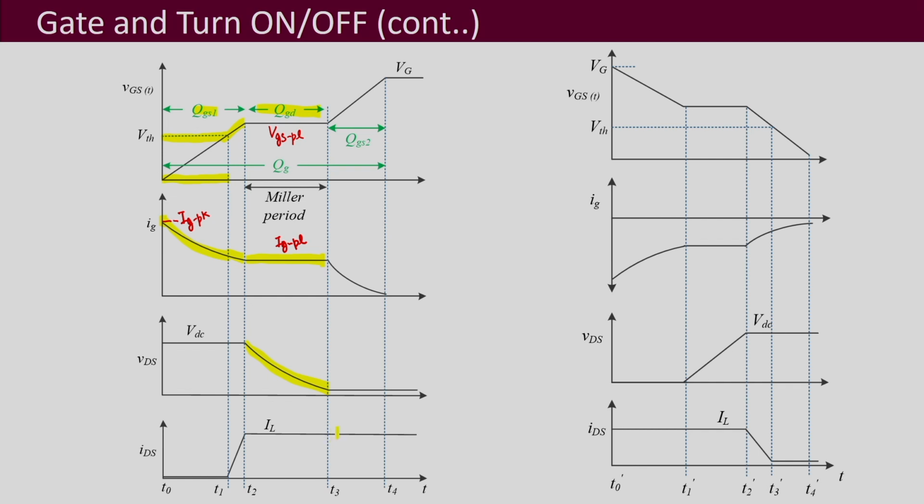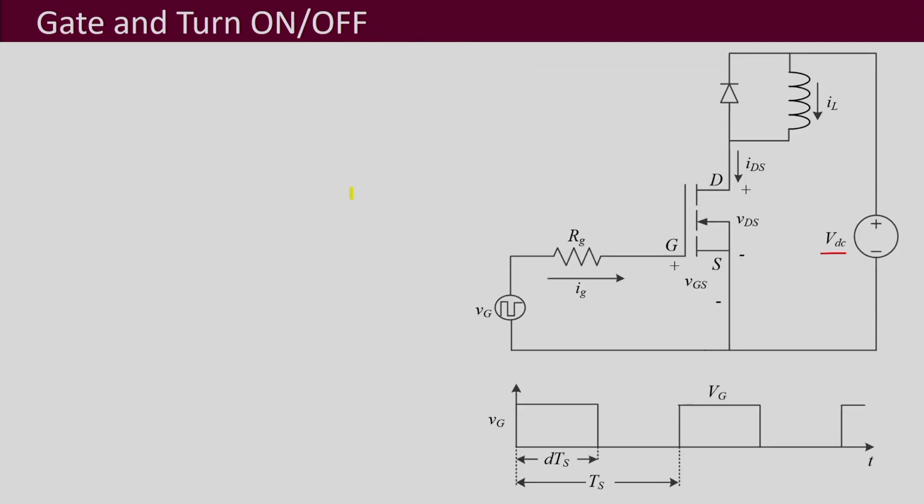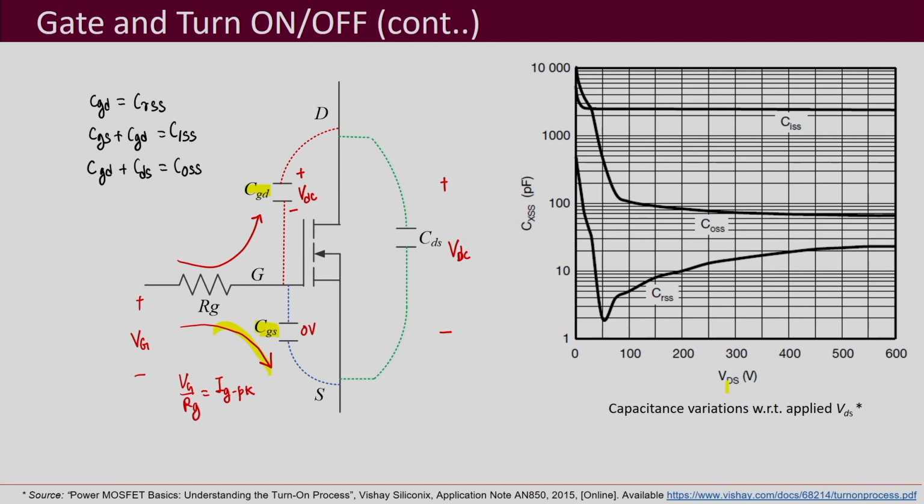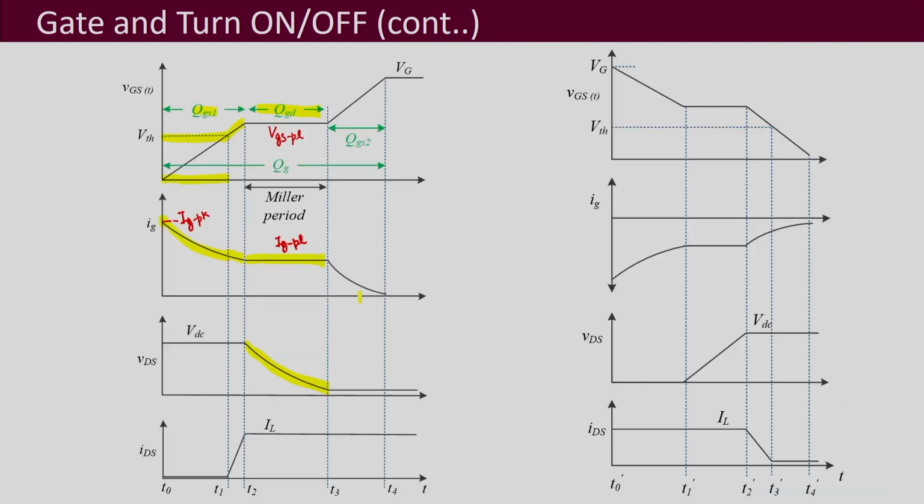So the device is almost on, but here we had applied this voltage capital VG, and so this VGS actually has to reach this capital VG voltage level, and so this CGS further charges to capital VG, to this voltage level, and that is QGS2. This gate to source voltage increases further and reaches this level of capital VG, and this gate current IG further decreases and almost becomes close to 0. So, this is the turn on process.